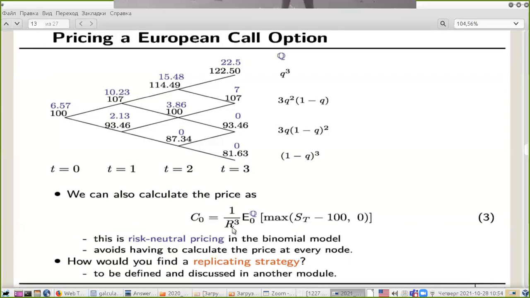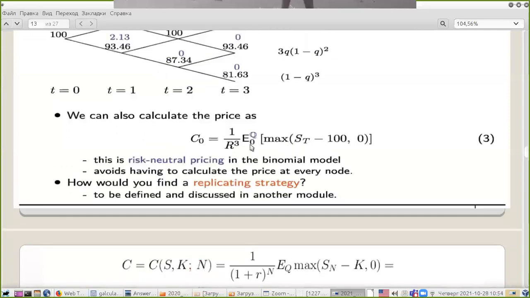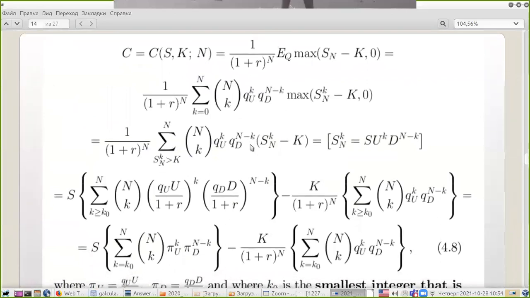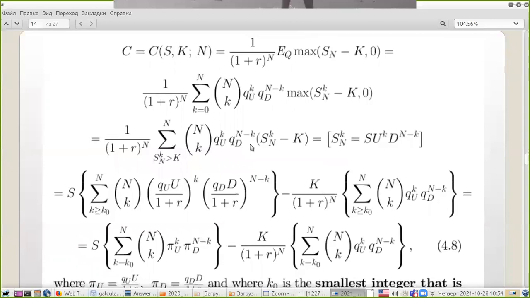There is the third way. For the second way, sometimes it's quite tricky to find what are the probabilities and what are the values. So there is an analytical formula, and this formula is called Cox-Ross-Rubinstein.